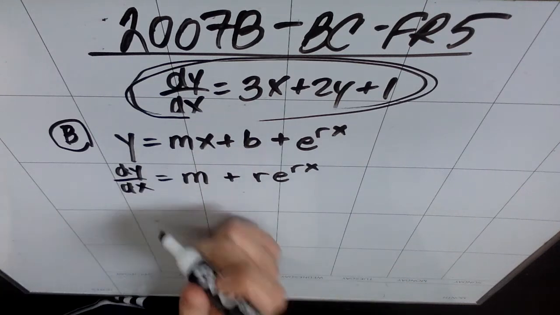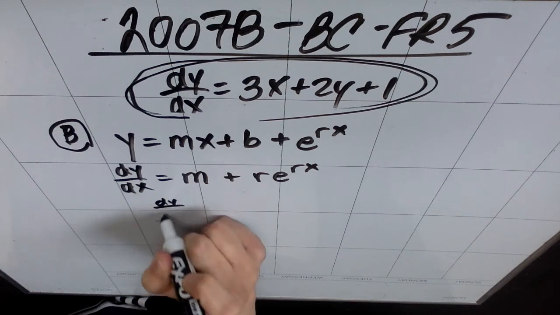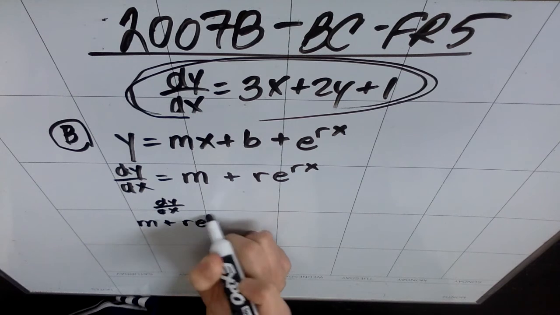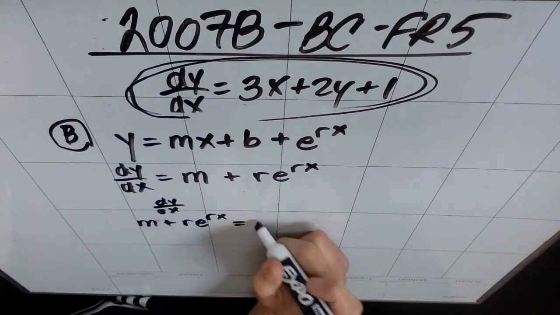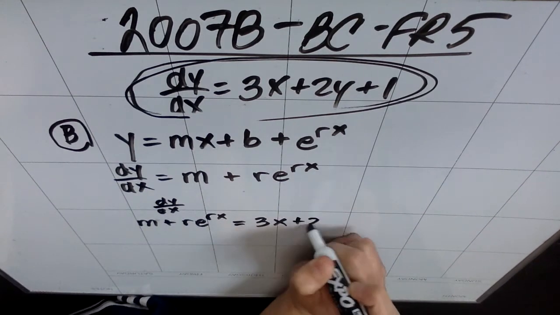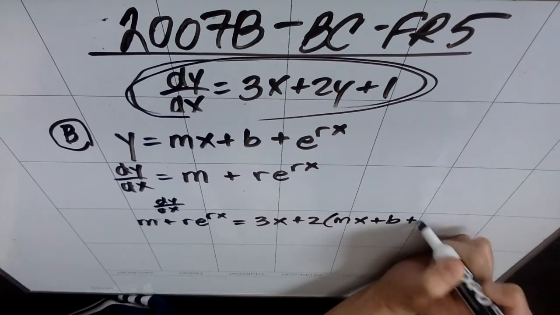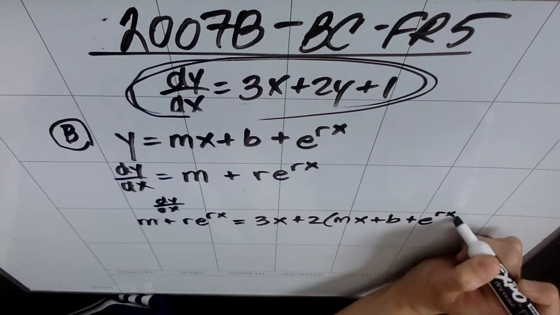So that means that this left-hand side, dy/dx, can be replaced by m plus re to the rx, right? And the right-hand side is 3x plus 2, and then in place of the y, I'm going to put mx plus b plus e to the rx, plus 1.